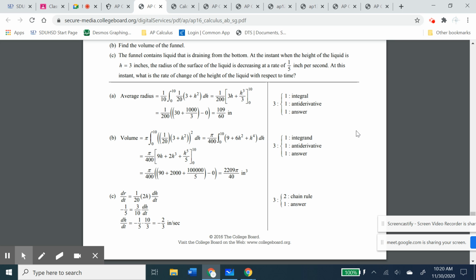So for A, 3 points, 1 for the integral. So that's the whole setup of the integral. 1 for correctly doing the antiderivative and getting, I'm going to see if I can, oh yeah, I can control click. So getting this right here, that's the antiderivative they're looking for.